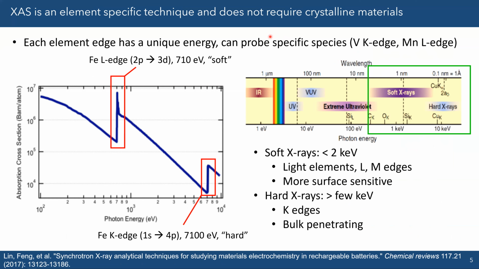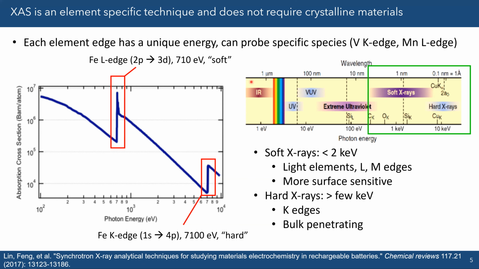So I want to now go over how XAS is useful. So XAS is an element-specific technique. And this is because each edge corresponding to an element occurs at a specific energy range that is very far separated from any other element.